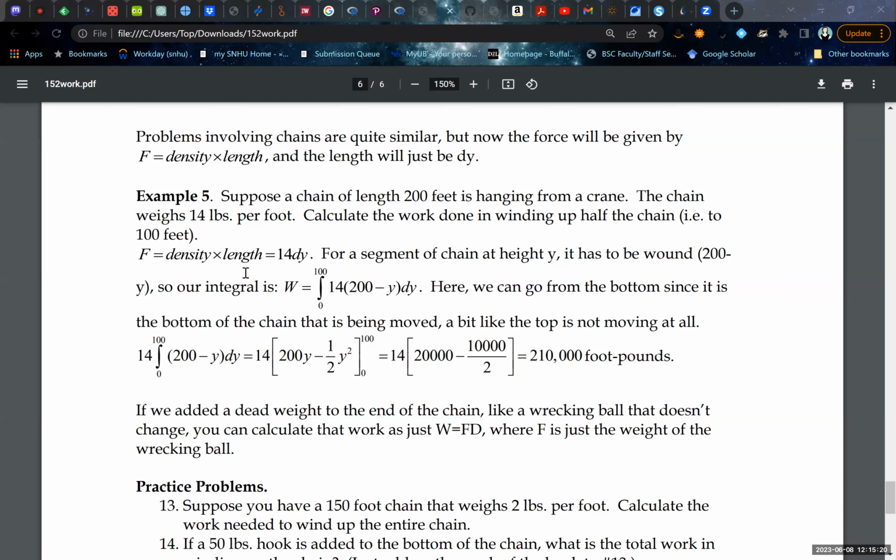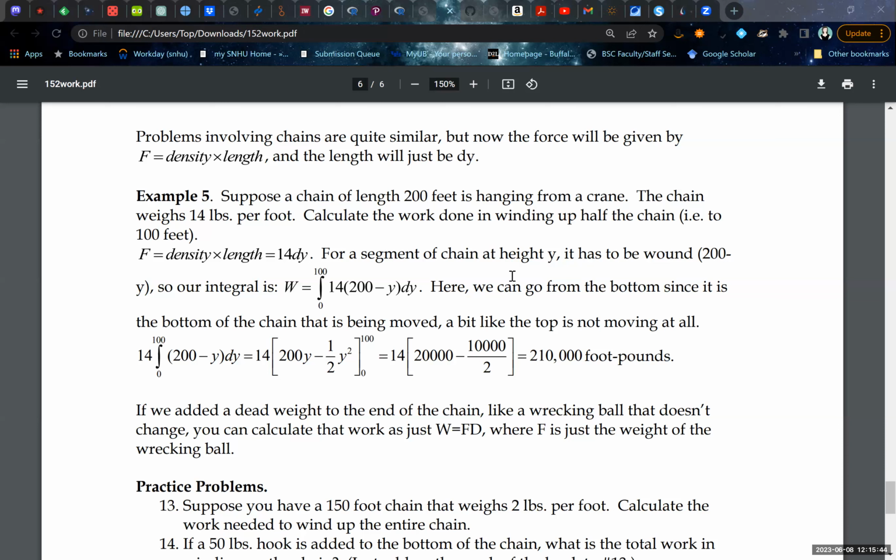And so again, we're thinking about this very small slice of the chain, and how far does that very small slice of the chain have to go? And then, again, remember, as we set up our integrals, we're thinking of these as little pieces that we then add up. So it's 14 times however large our little slice of the chain is.